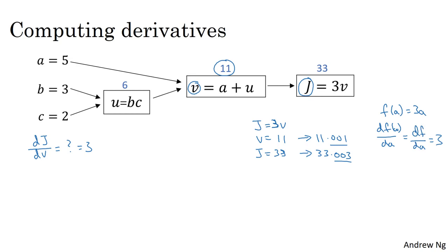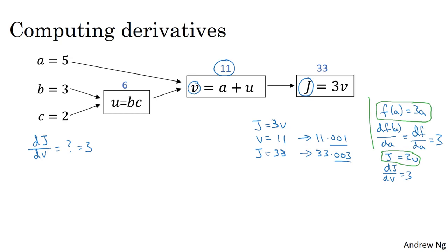So instead, here we have j equals 3v, and so dj dv is equal to 3, with j playing the role of f and v playing the role of a in this previous example, right, from an earlier video.